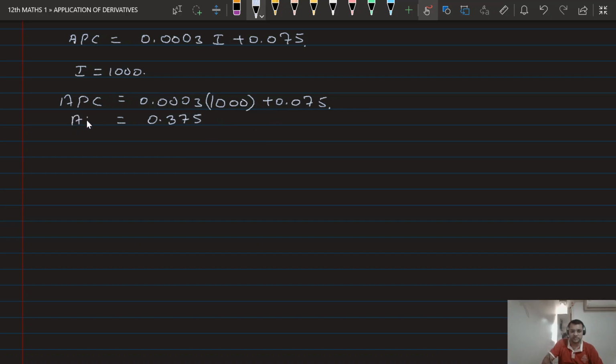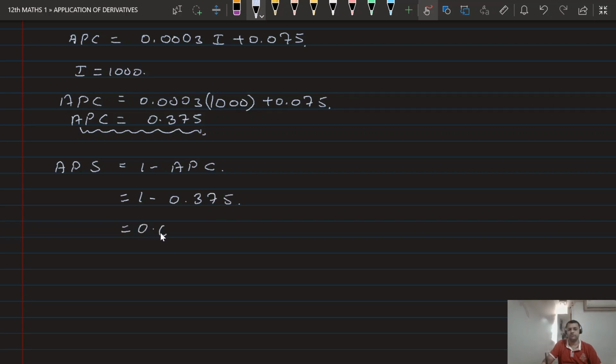So APC is ready. Now when I want to find the value of APS, it is going to be just 1 minus APC. This is equal to 1 minus 0.375, and on solving, this will be 0.625.